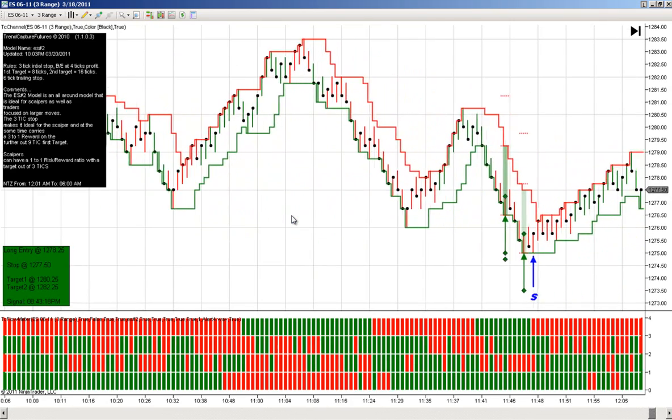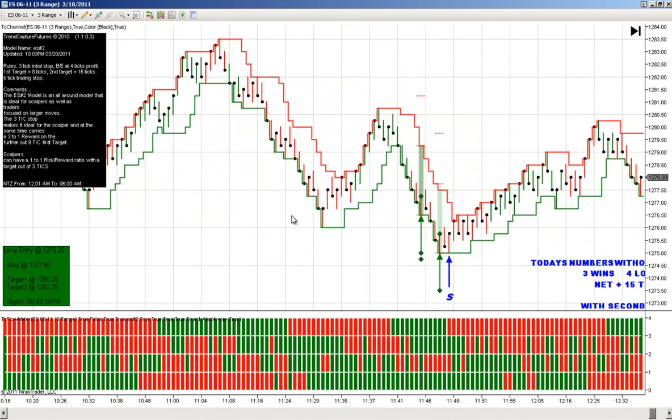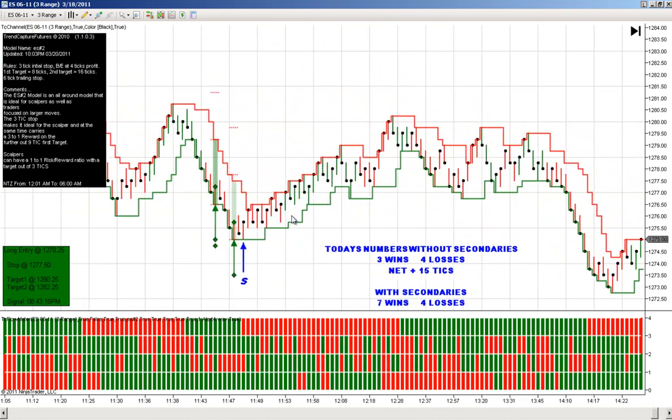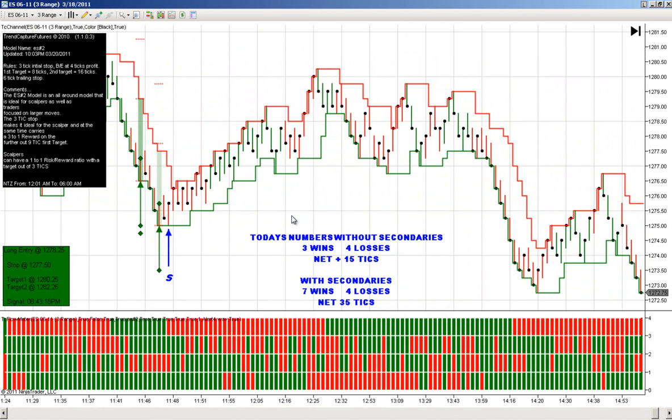A lot of times what we're looking for with the secondary signals is to make up for a stop out or to make up for a trade that didn't quite get to the first profit target. For example, right here, this is your secondary signal after your primary here. The primary can be single or double diamond here.